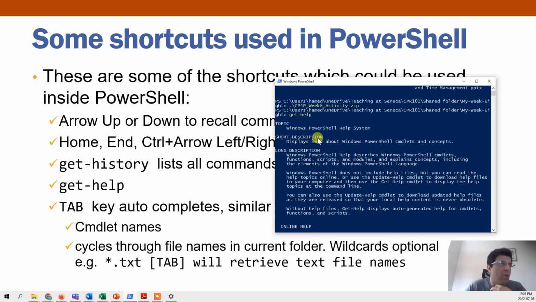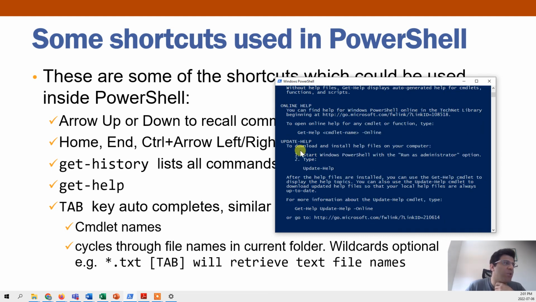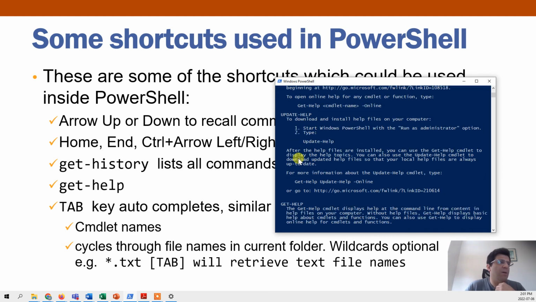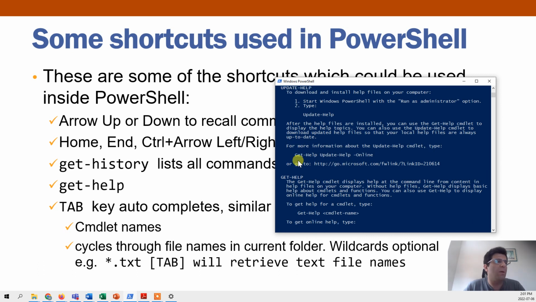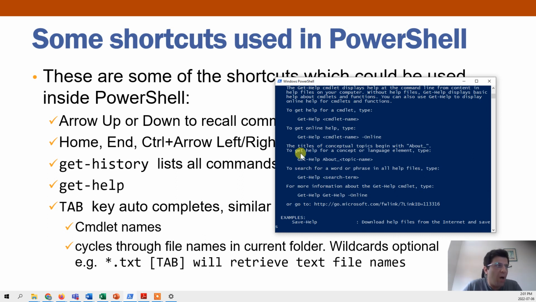topic, short description, long description, and the options that I have, I can update this help. I can get help on other topics. To get help online, for instance, do this, and other commandlets that it tells you what commandlet to type to do what.